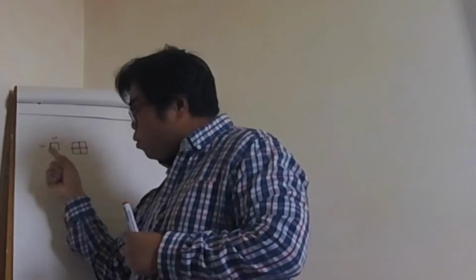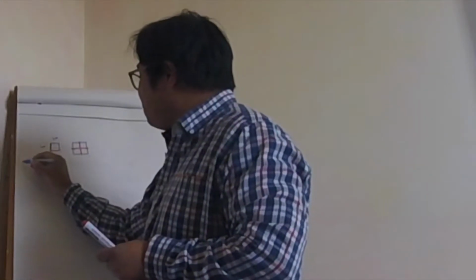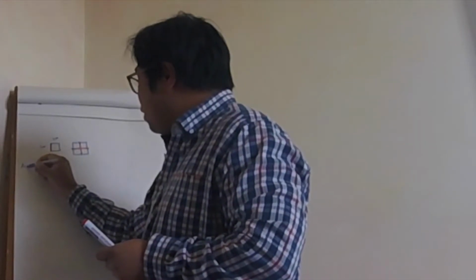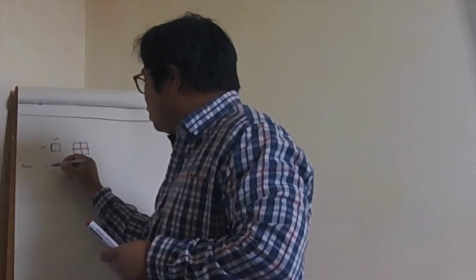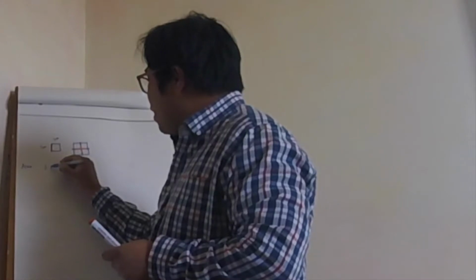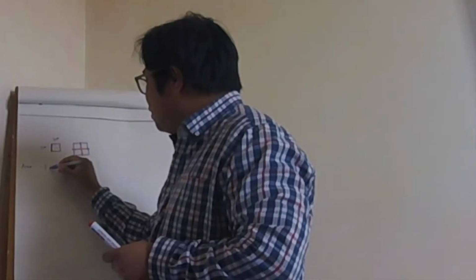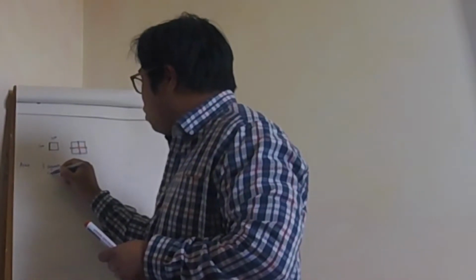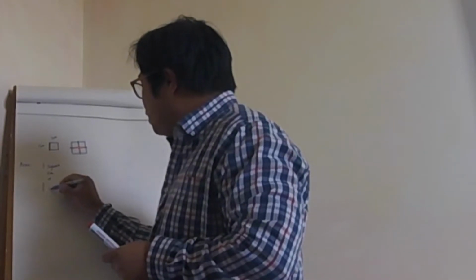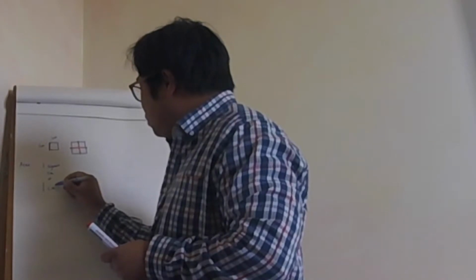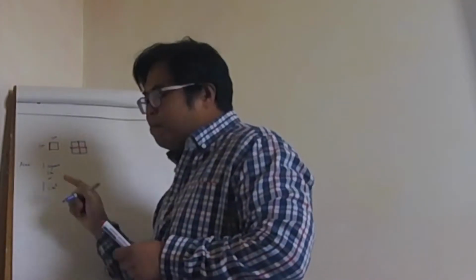Say that to me. 1 square centimeter. Yeah. So when you write it, it will be 1 square centimeters, or the shortcut way to do it is 1 centimeter square. They are the same.